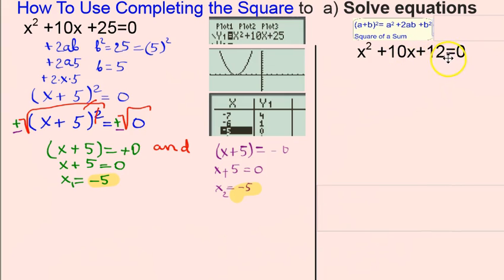You might have already noticed that as the third term in this equation, we have a positive 12, which will make it different from the previous situation because there is no such integer which you could square, just like in this case, and receive a 12. So how do we deal with such a situation? We will discuss that in the next example.